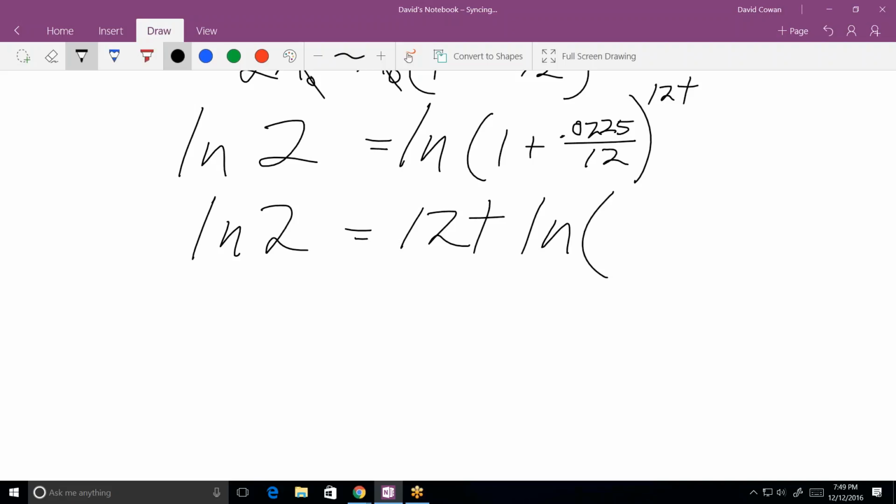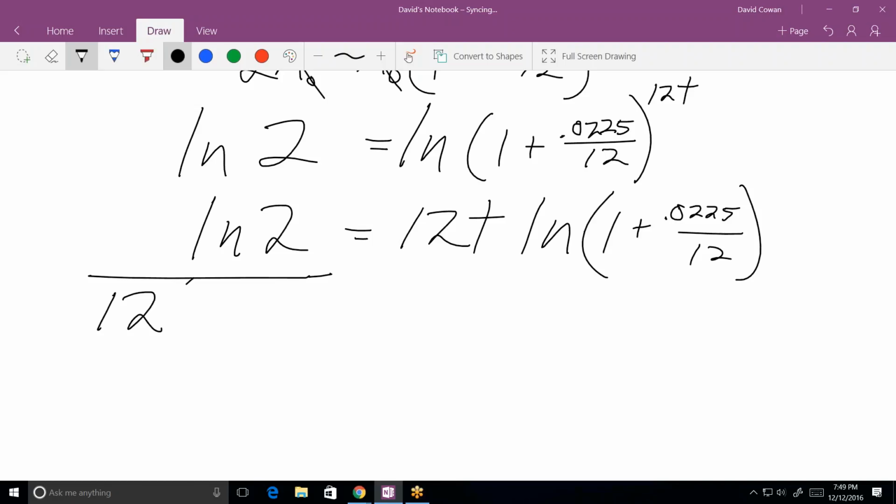This is still 1 plus some number, which means t is going to be this divided by 12 times the natural log of 1 plus this number.